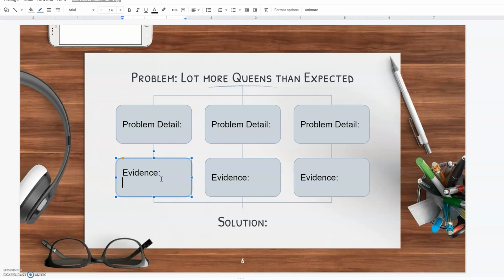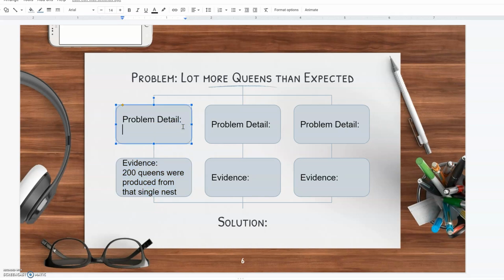I'm just going to copy and paste that right into this evidence section for the first problem detail. But then I need to summarize that up here in just a couple of words. So I'm literally just going to put in 200 queens.